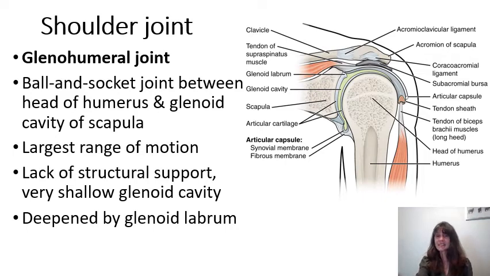The socket is somewhat deepened by a lip of connective tissue that forms a structure called the glenoid labrum. The glenoid labrum helps to deepen the socket a little bit more to help hold the shoulder in place.